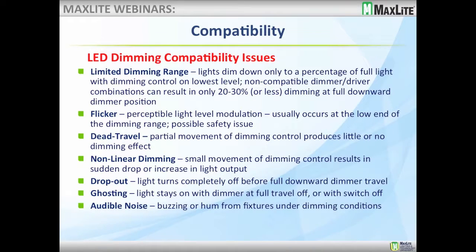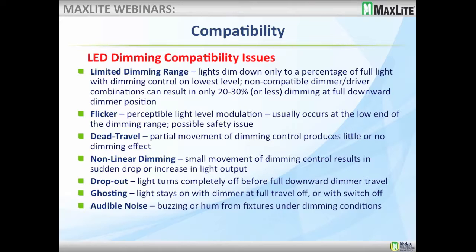Here are some of the possible compatibility issues that you might find even when you're using the correct combination of controller and light fixture. One is the dimming range. In many cases, the lights will not dim all the way down. They might go down to 20%, they might go down to 30%, and then suddenly shut down. The reason is because LEDs need a certain amount of voltage to actually run.